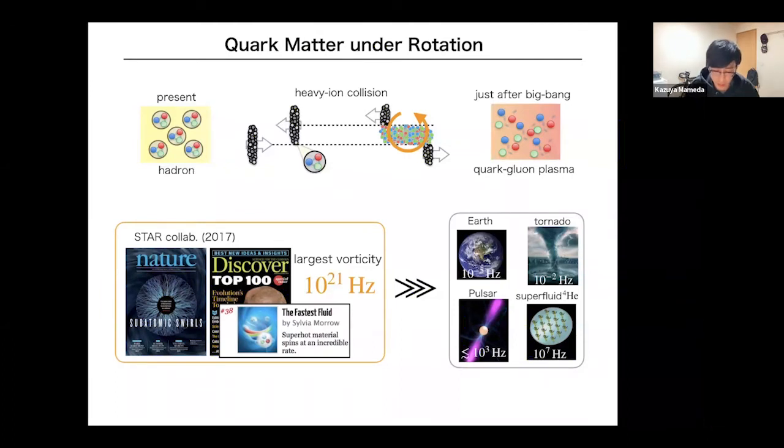Then we can create the hot matter, quark-gluon plasma, on Earth. So this is the heavy ion collision experiment. And recently, we got very big news about it.